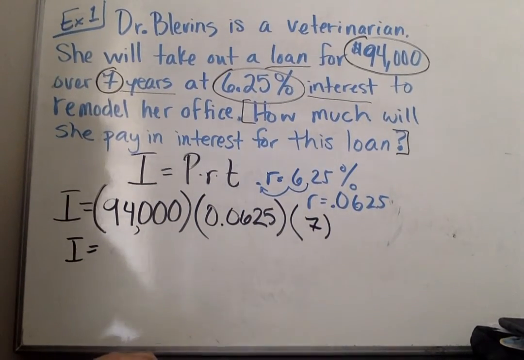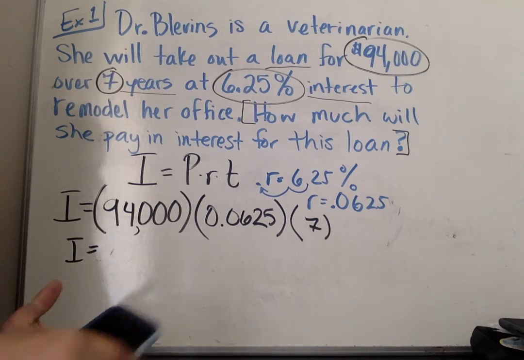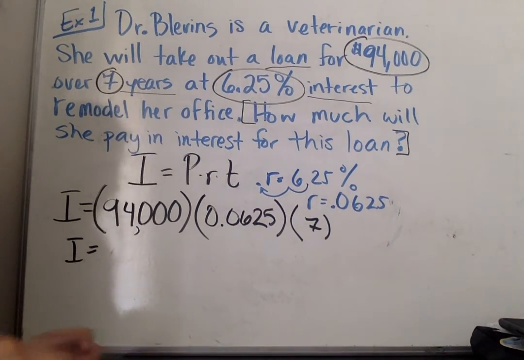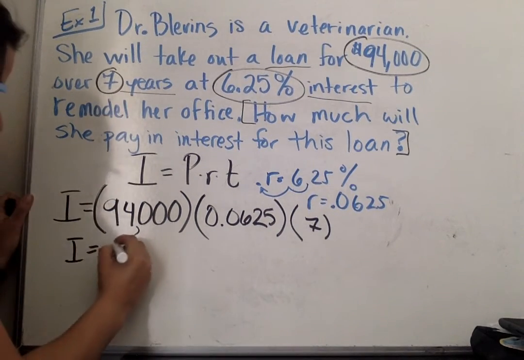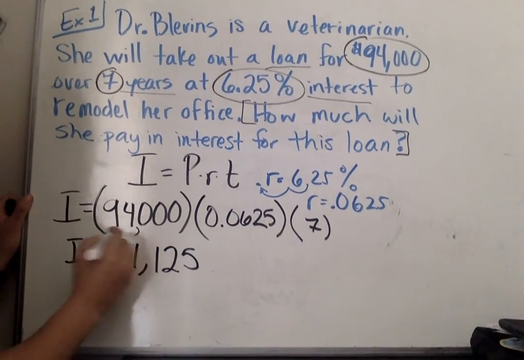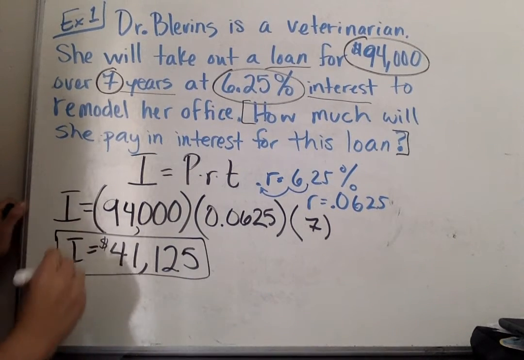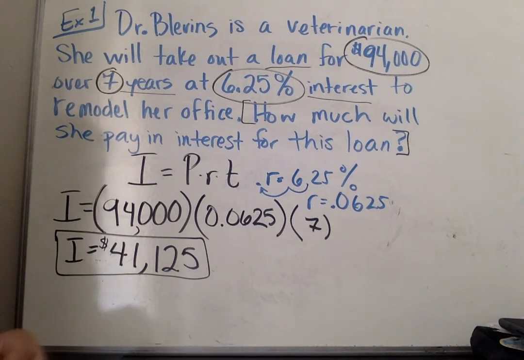Now we're just going to go ahead and type that into the calculator. And we get 41,125.